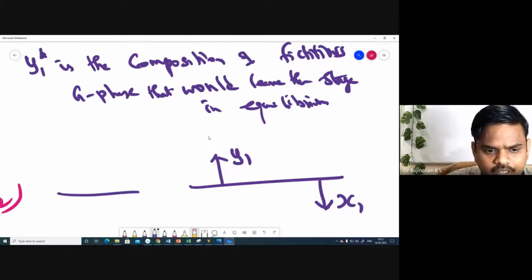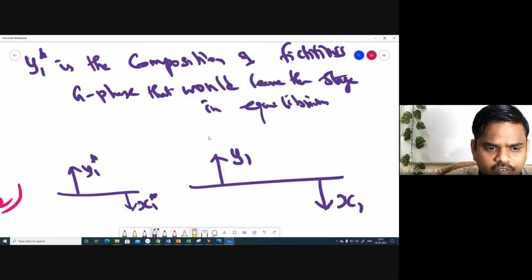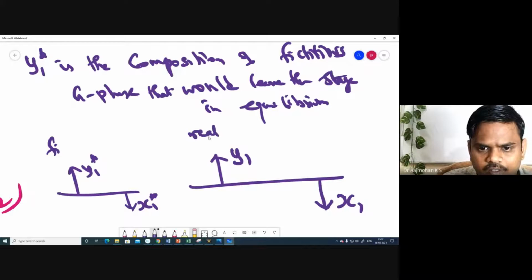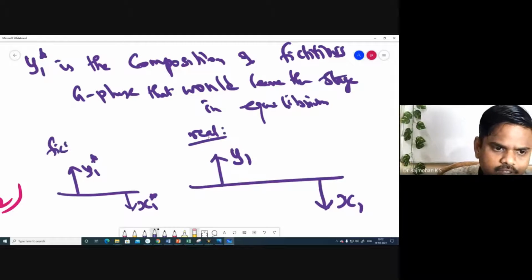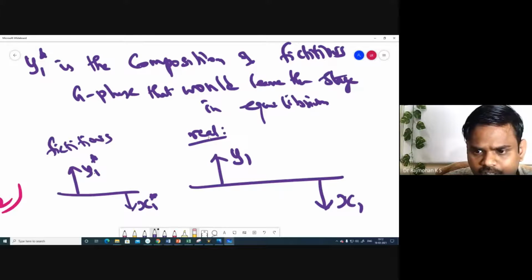But we are considering corresponding to this x1, what would be the y1 star, and corresponding to this y1, what would be the x1 star. So this is real, this is actual value, whereas these are fictitious values.